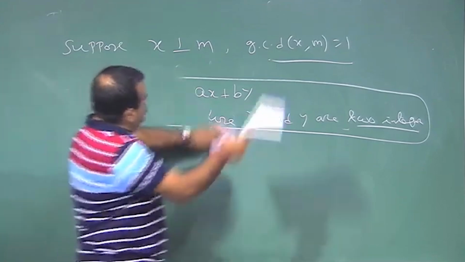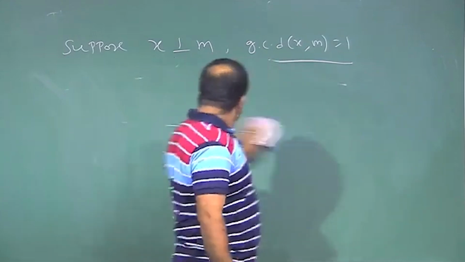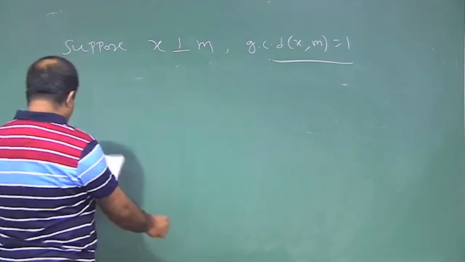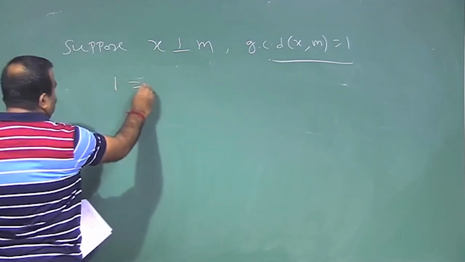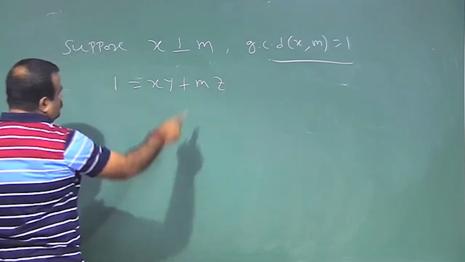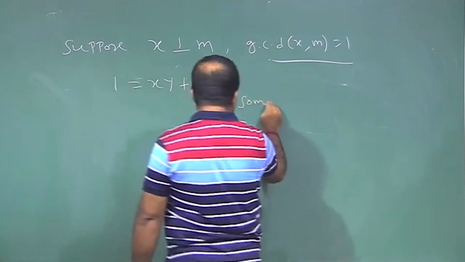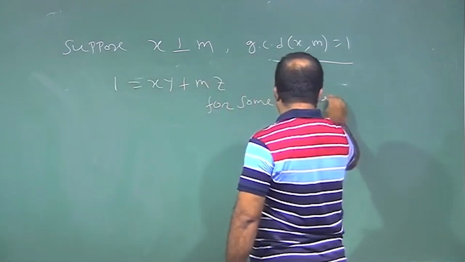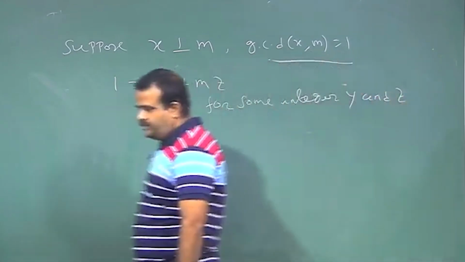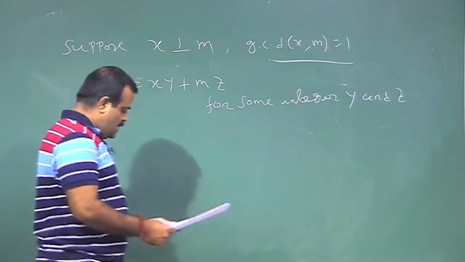Then GCD being 1 means there must exist integers y and z such that 1 is equal to xy plus mz.